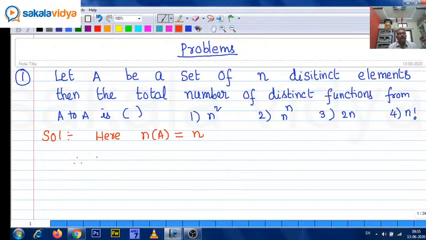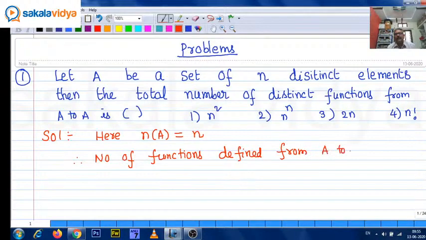Therefore the number of functions defined from A to A equals n of A to the power of n of A, so that equals n raised to n.